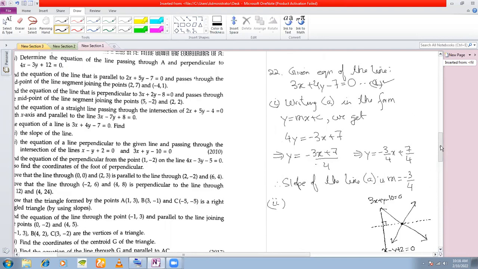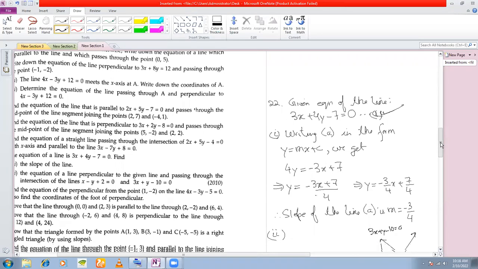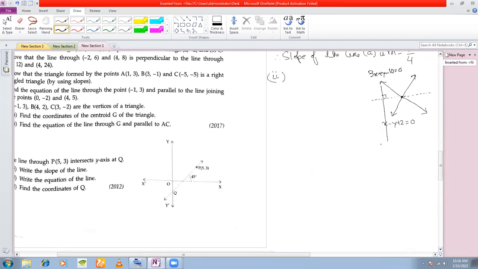A, right? So we write the equation of this line as 3x plus 4y minus 7. This is what the question means. You need to find the equation of this dotted line such that it passes through the point of intersection of these two lines and is perpendicular to the given line.